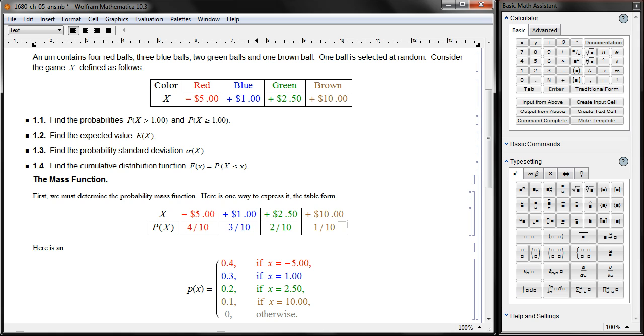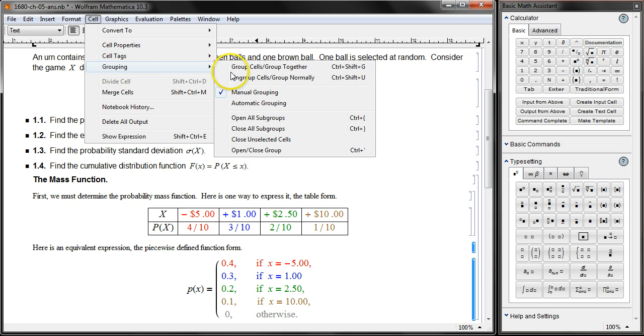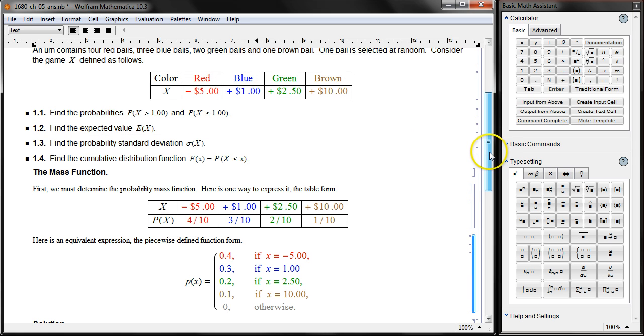Here is an equivalent expression. The piecewise defined function. Structured kind of like this. In the right hand side, put all the possible x values.